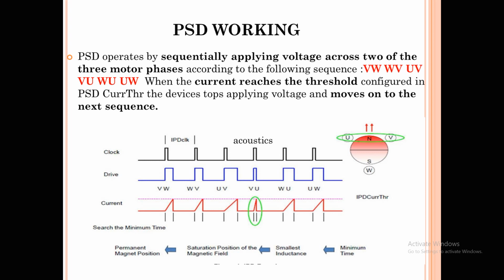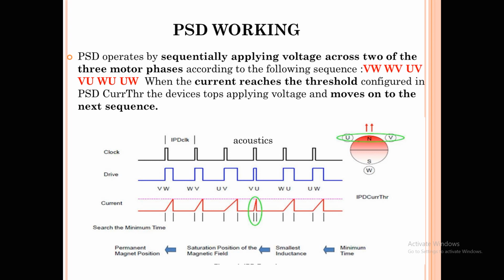If you energize the VU sequence, you get a very smooth startup. So in the initial condition, you energize this sequence, based on the open loop acceleration that you have provided to the system, and you select the sequence to energize accordingly.